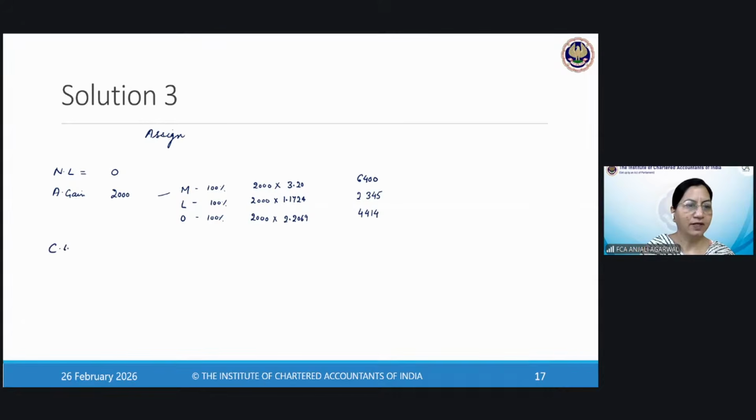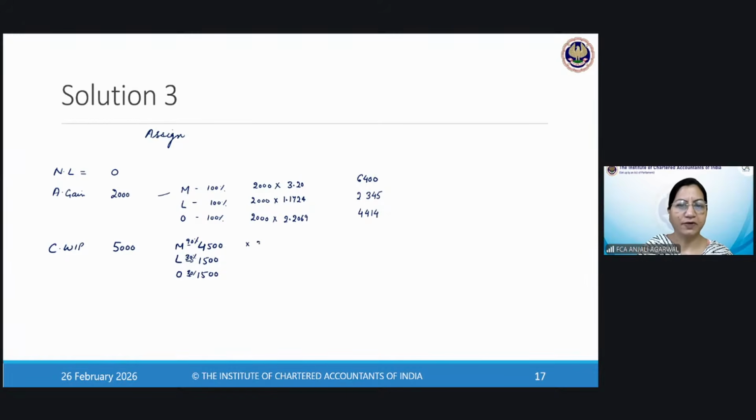Then you have to calculate the value of closing WIP, which was 5000 units, which was complete as far as material, labor, and overheads, 90%, so 4500, and 30% as far as labor and overheads, so 1500 and 1500. 90%, 30%, 30%.